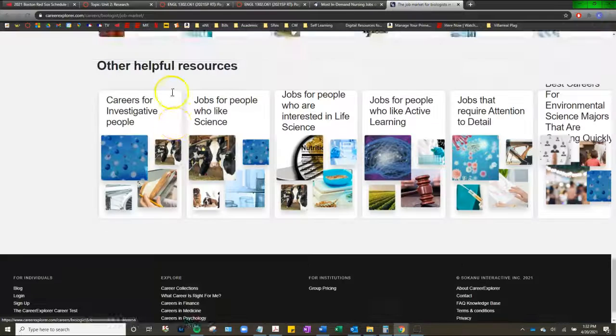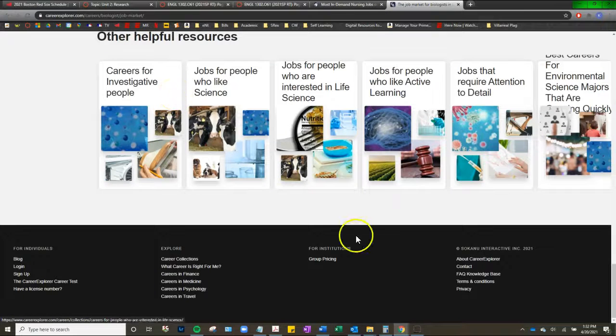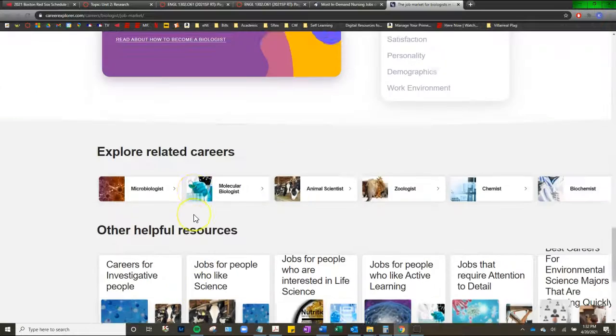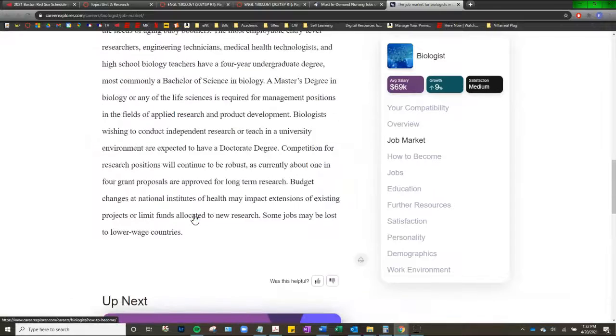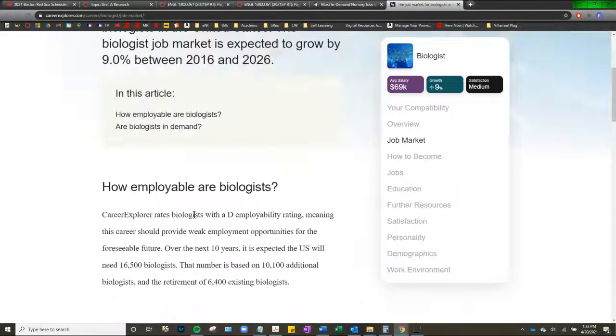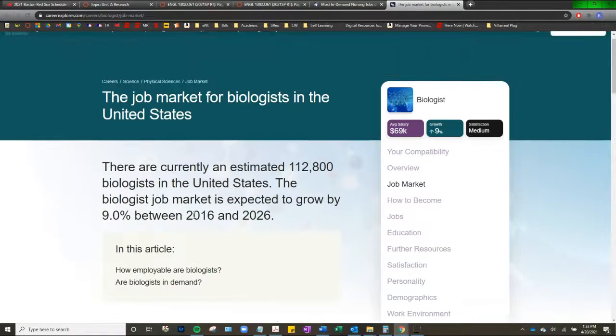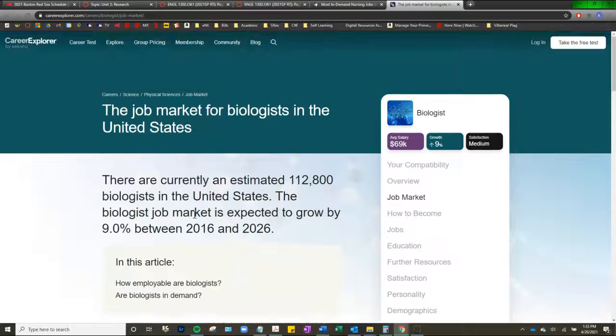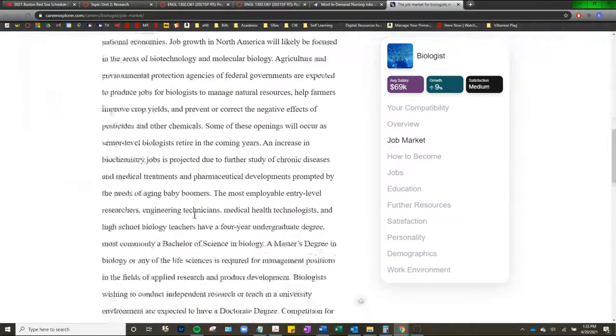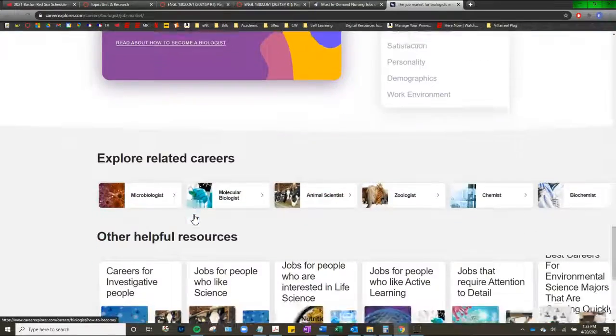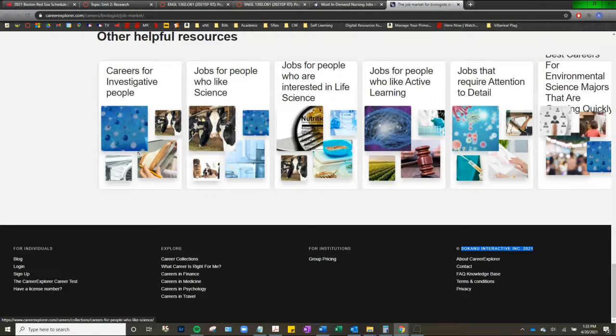So now, who is responsible for this? There's our copyright. So copyright 2021. I am not seeing any other sort of update or publication date. So we are going to go with that year of 2021.